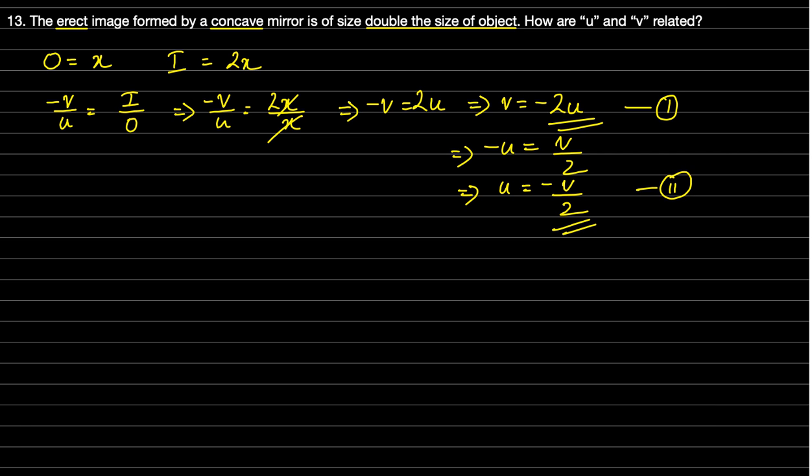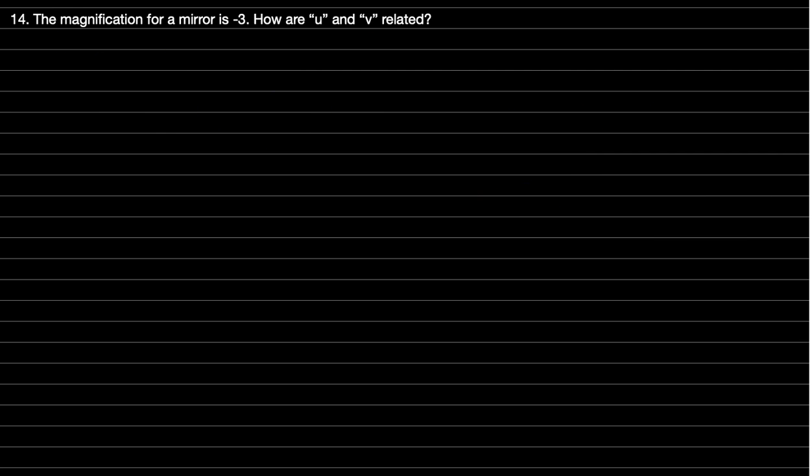So getting into the next question, that is the last question for this entire video. The magnification for a mirror is minus 3. So m is given as minus 3. How are u and v related? Now I would write the formula for that. M is equal to minus v by u.